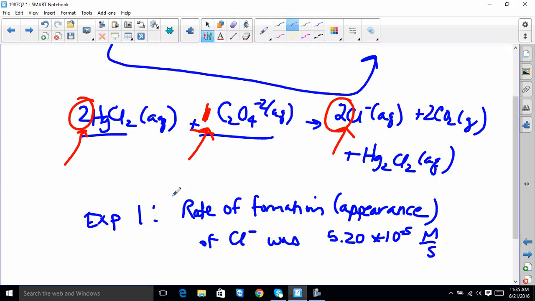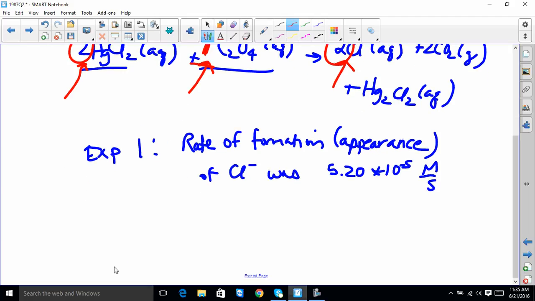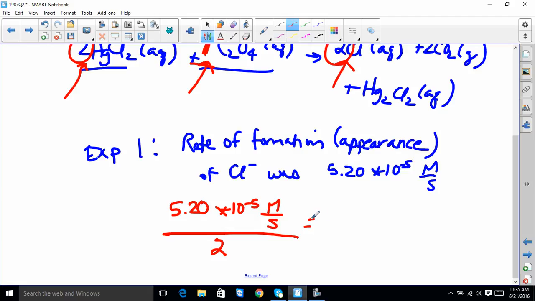And so once you understand that the rates are connected by the stoichiometry, the answer to this problem is 5.20 times 10 to the negative fifth molarity per second divided by 2, because it's appearing half as fast. And so half of 52 is 26. So this would be 2.6 times 10 to the negative fifth molarity per second.